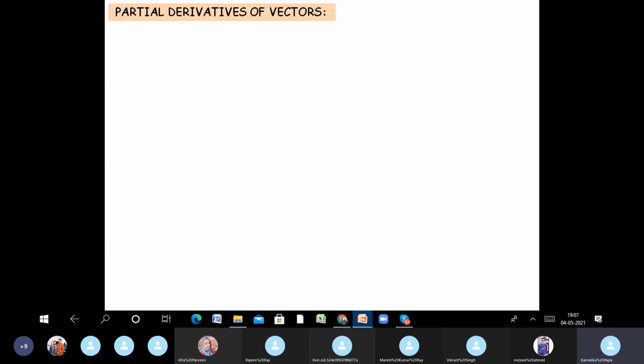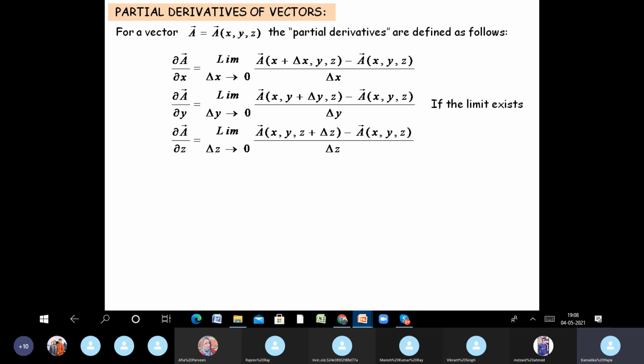Then we spoke about partial derivatives of vector. Remember, we said that if we have a vector which is not dependent on just a single parameter, but on more than one parameter. For example, here we have the vector A, which depends on all the three space coordinates x, y, and z. Then how do we define the partial derivatives?